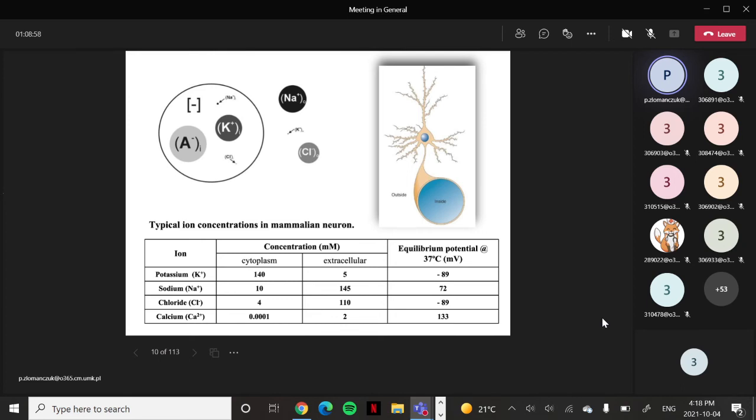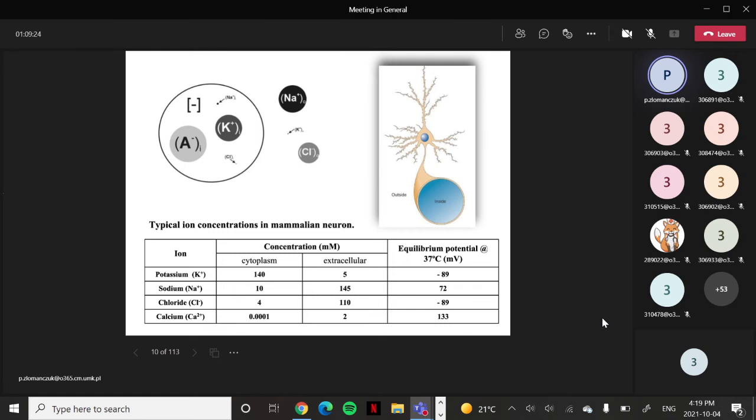You can also see this negative ion. These are organic anions, negative ions associated with large organic molecules like proteins and sugars, whose net charge in the cell is negative.